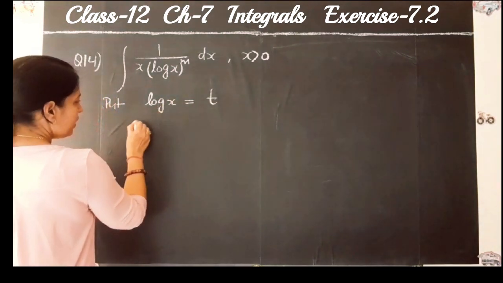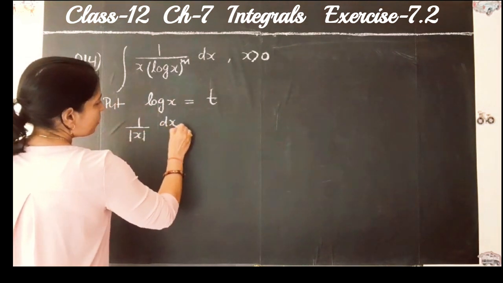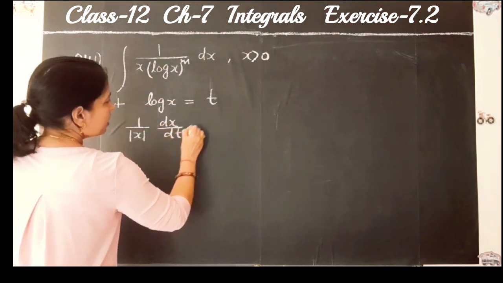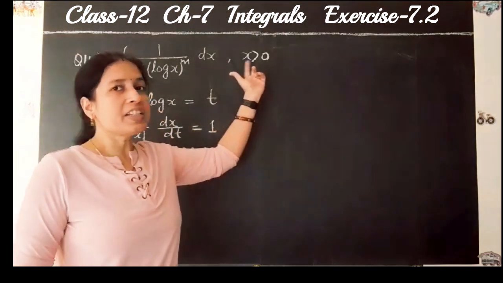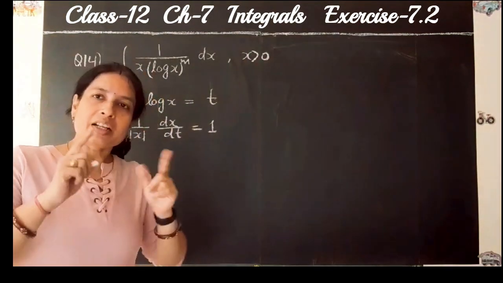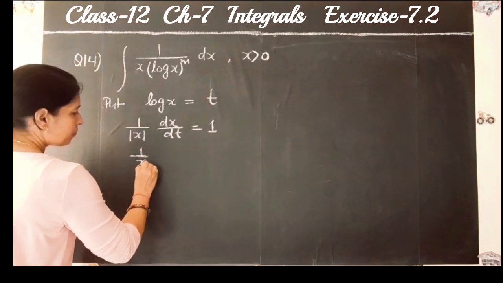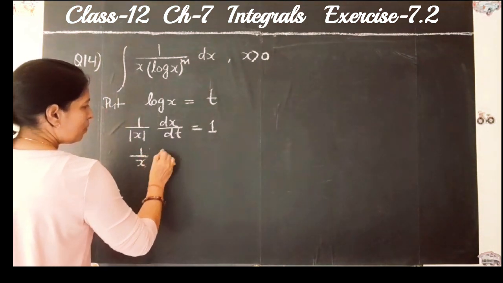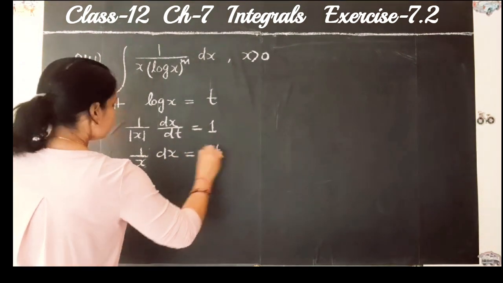Then differentiate, we get 1 by mod x dx by dt is equal to 1. Here it is given x is greater than 0. So in place of 1 by mod x, we can write simply 1 by x because it will be positive. So we can write 1 by x dx is equal to dt.